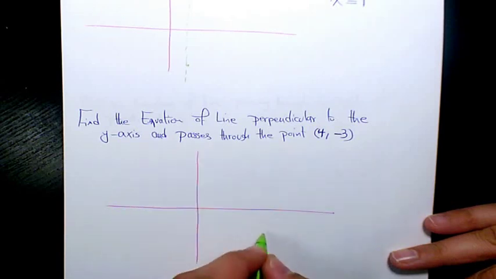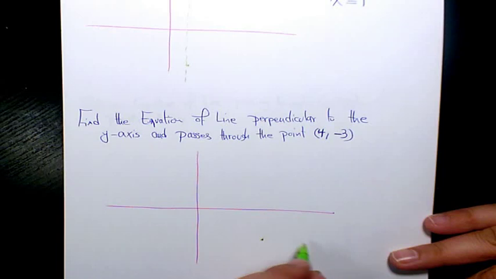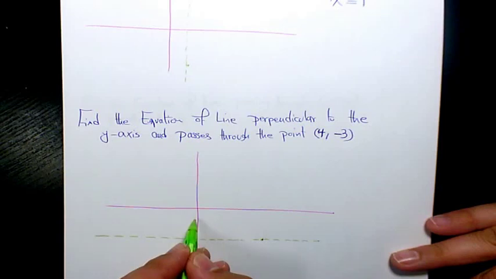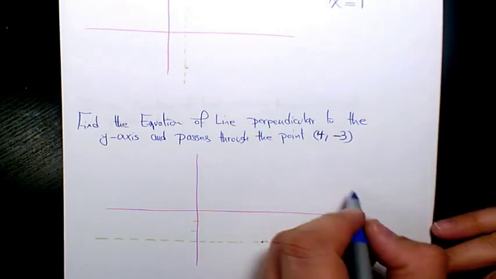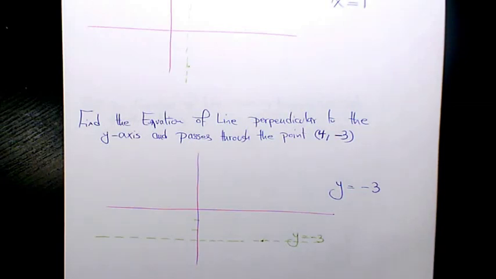It's going to be a horizontal line like that, because that's perpendicular to the y-axis. As you see here, on this line all the points have y equals negative 3. So the equation of the line is y equals negative 3, and that makes sense because for all horizontal lines we have y equals a constant number.